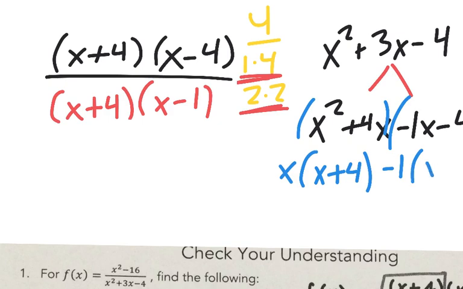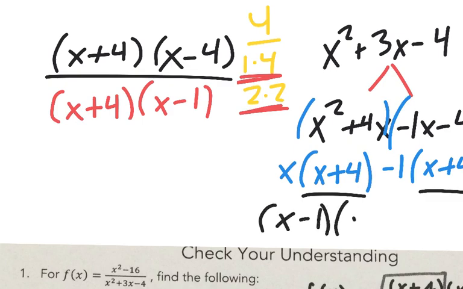If I factor that out, that leaves me with x plus 4. In order to factor by grouping, the parentheses must match. If they don't match, grouping did not work. But they do match. So this worked. So this factors to be what's in front of the parentheses, x minus 1, times the matching parenthesis, x plus 4.